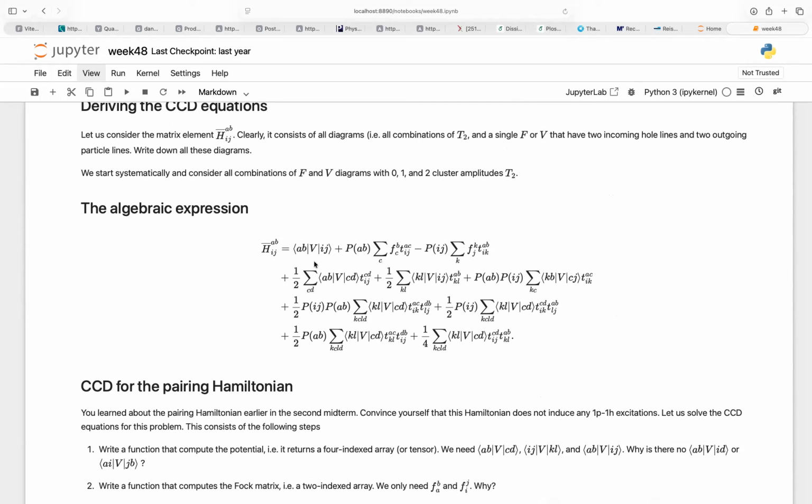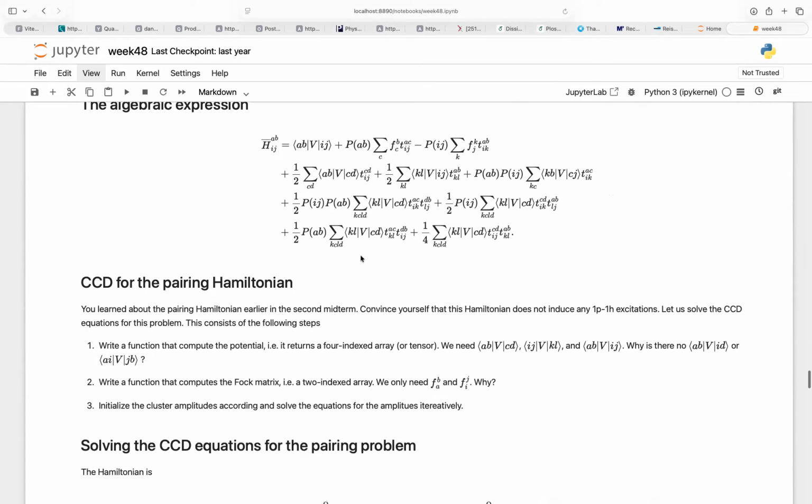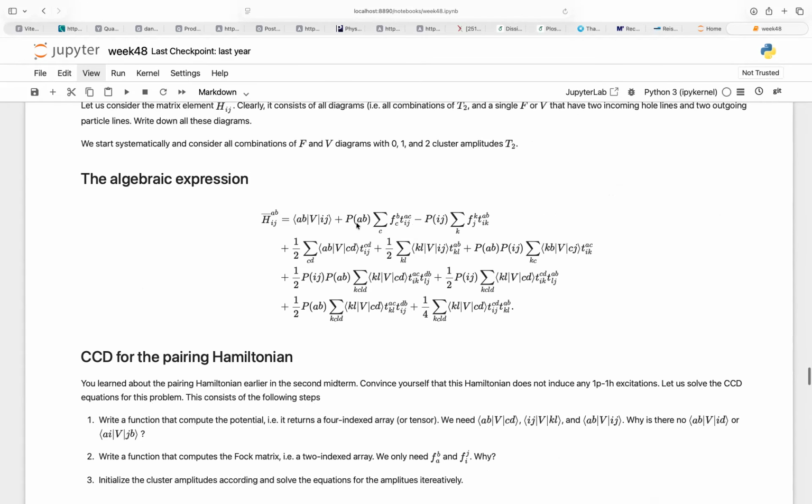So you remember that we had this term. This is a term with the one body part. So this P_AB is actually a permutation where we permute particles A and B. And if you go back to the diagrams, you will see why we have to do that, because we're actually interchanging where the operator is placed.